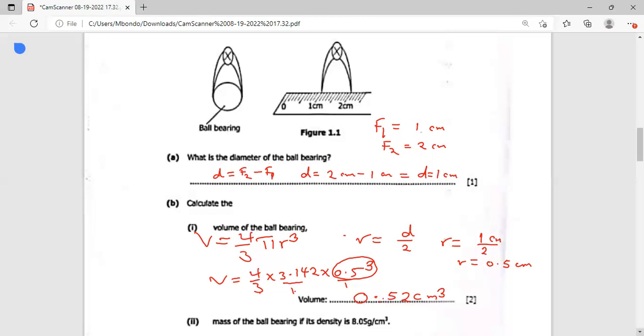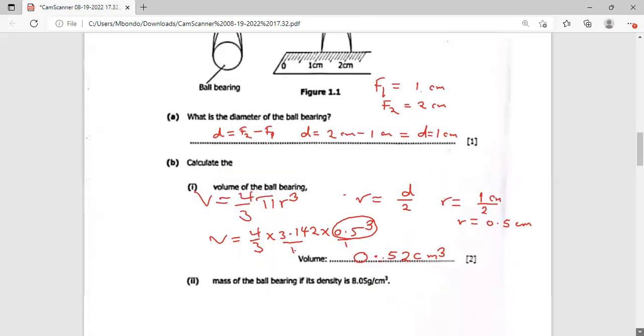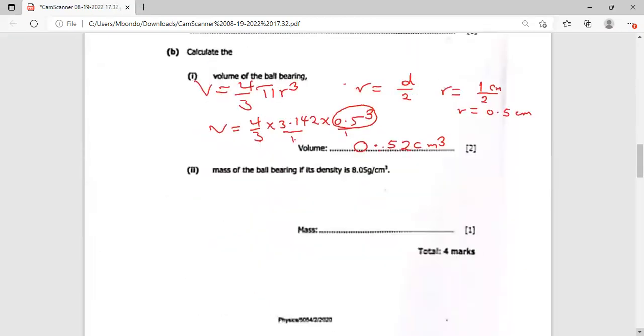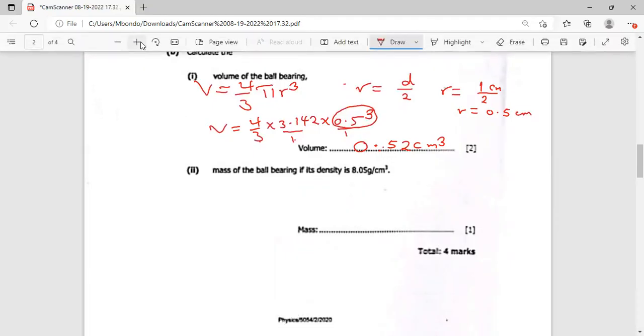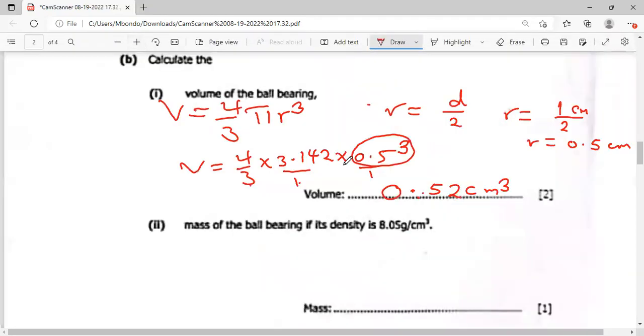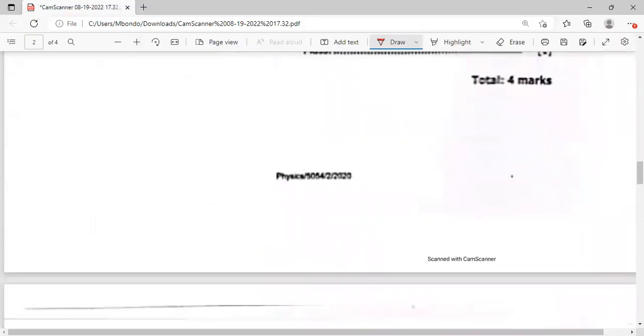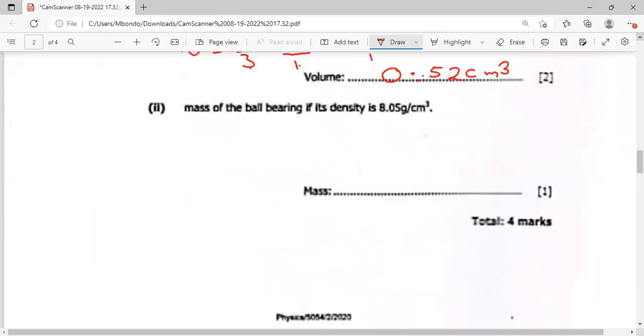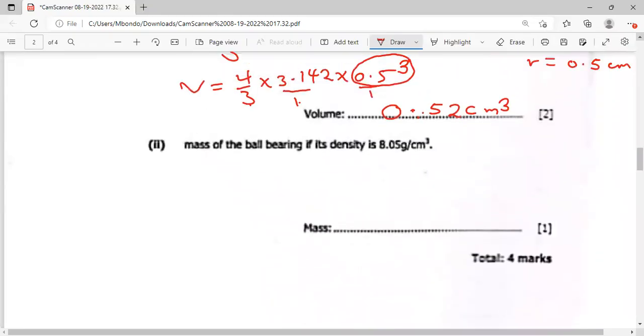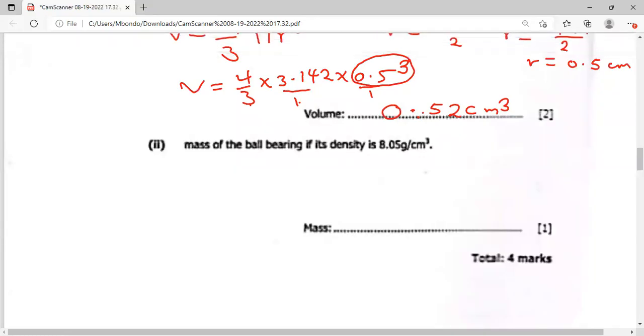So we move on to the last question on this first question, which is saying, calculate the mass of the ball bearing if its density is 8.05 grams per cubic centimeters. Now take note that the units that are given for density are in grams per cubic centimeters.